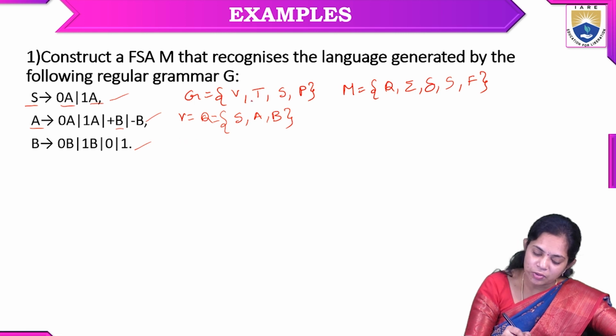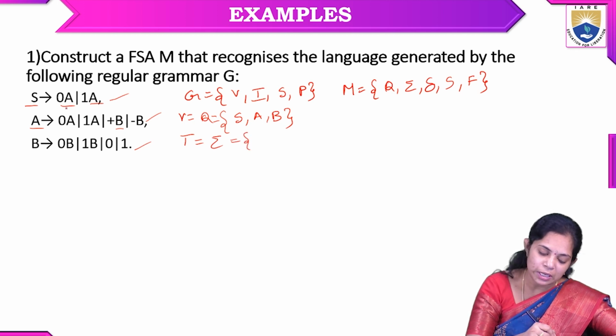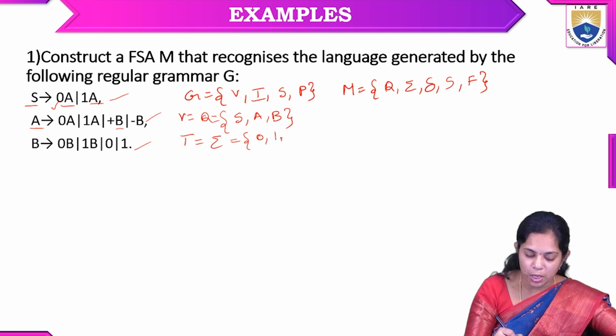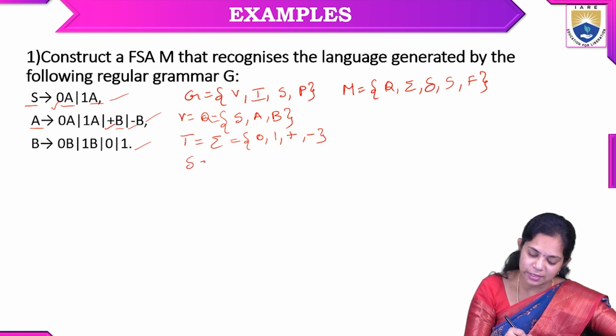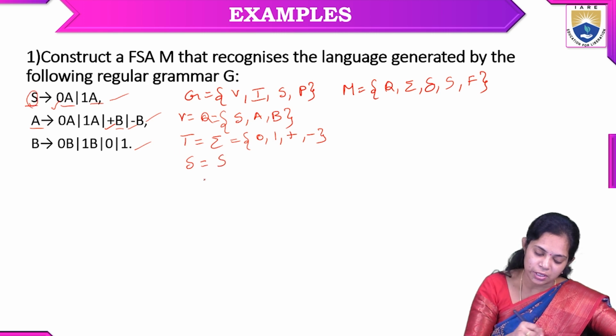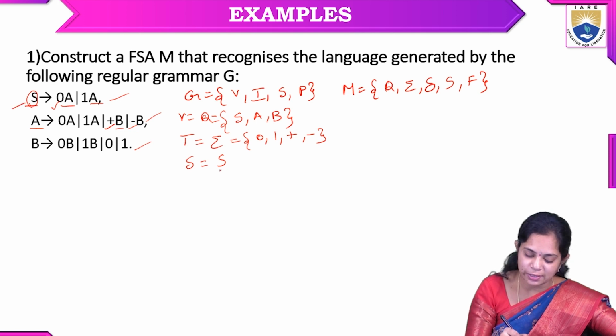And next is the terminals, which are equal to sigma. What are the input symbols involved in these production rules? 0, 1 and plus, minus. So these are the terminals, the input symbols. And next the starting state: S is the start state, because the production starts with S.